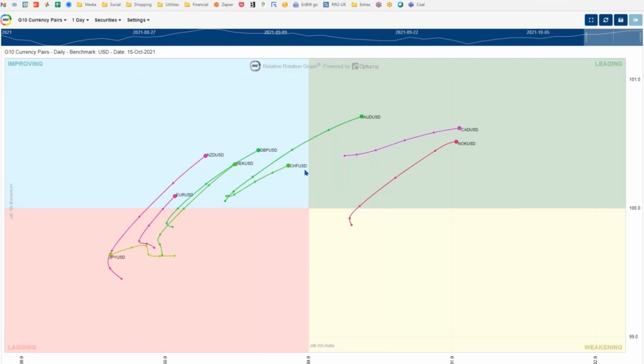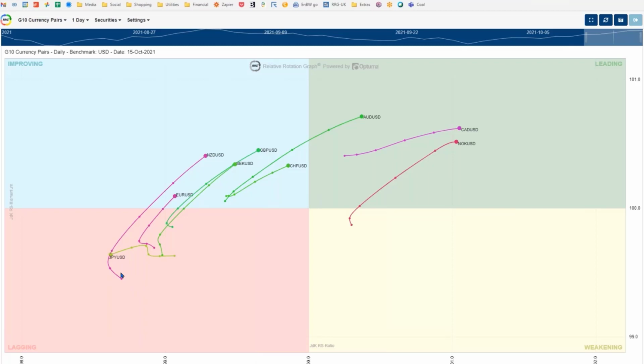We've got an improving picture from the pound and from the euro and Swissy and so forth, but here's a real outlier, which is the Japanese yen going in the opposite direction. So being west of the 100 line here means underperforming the dollar, and heading south as well, so it's a southwesterly direction, means without positive momentum.